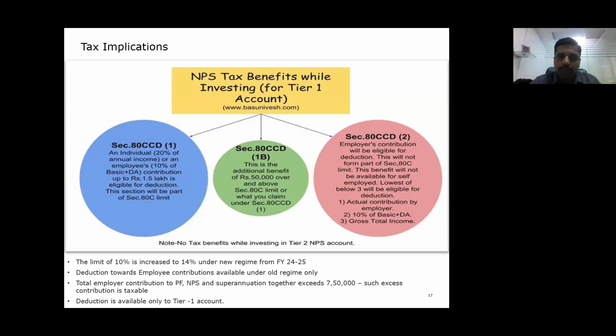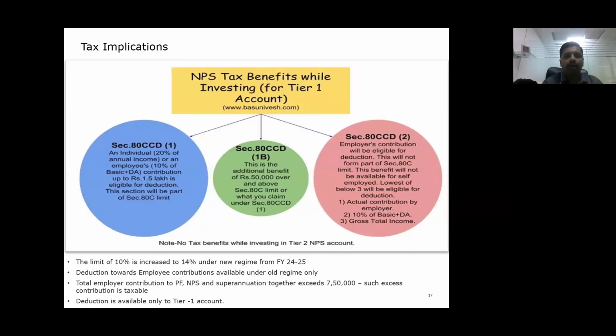Again, there are two contributions, employee contribution and employer contribution. If NPS is part of your salary structure and you have opted for corporate NPS, then the contribution goes as an employer contribution. Coming to 80CCD(1), it says that up to 1.5 lakh is eligible for deduction, and this 80CCD(1) is part of the 80C limit of 1.5 lakhs.